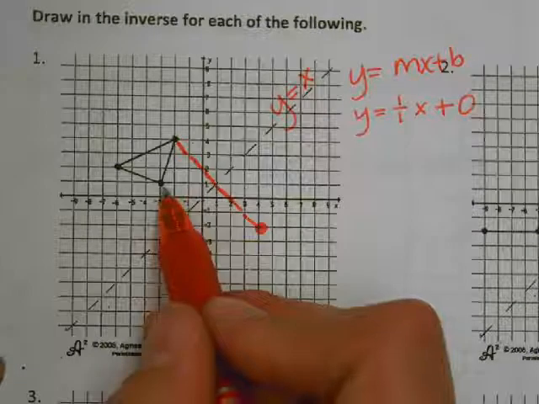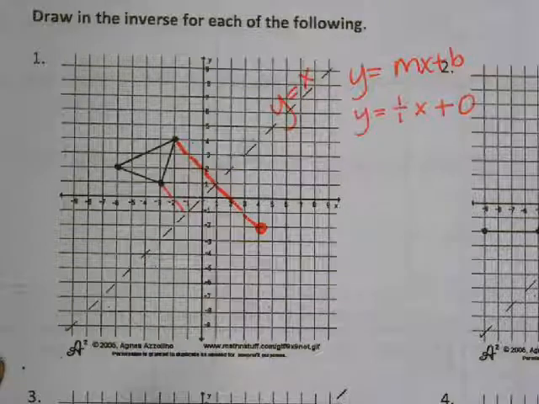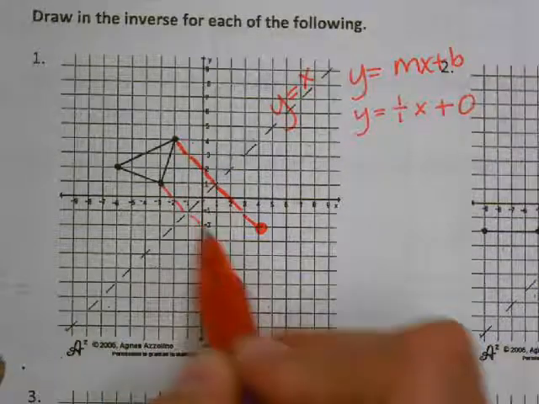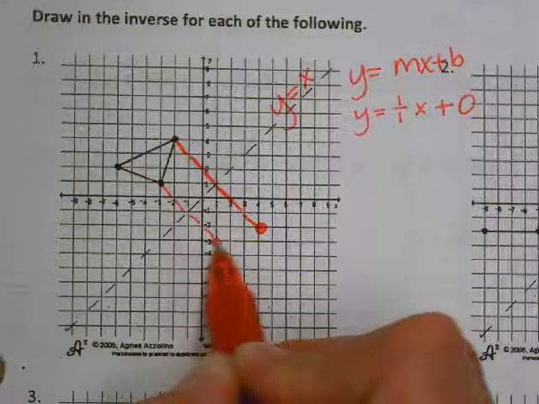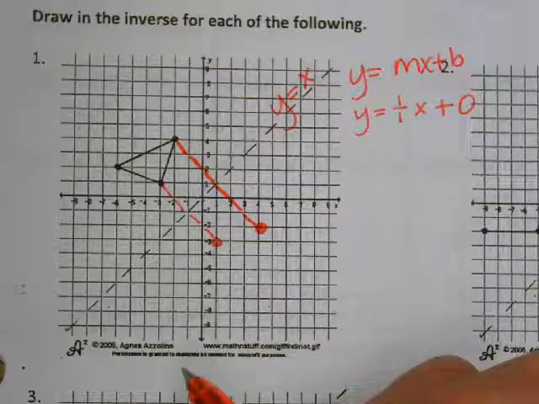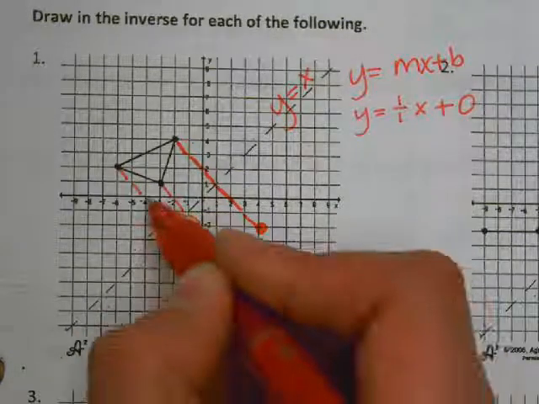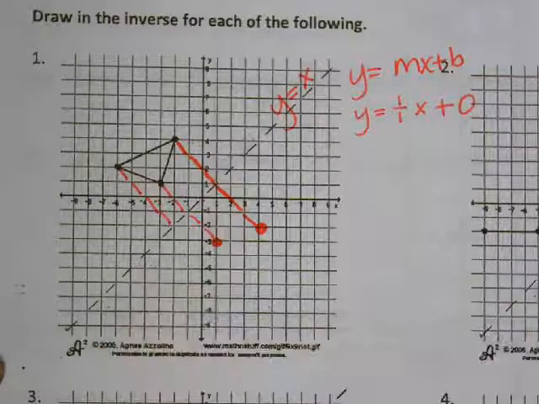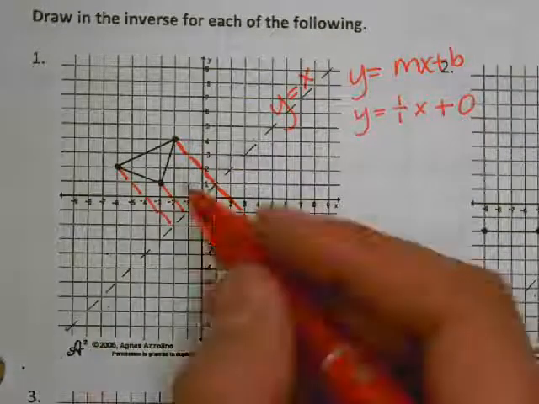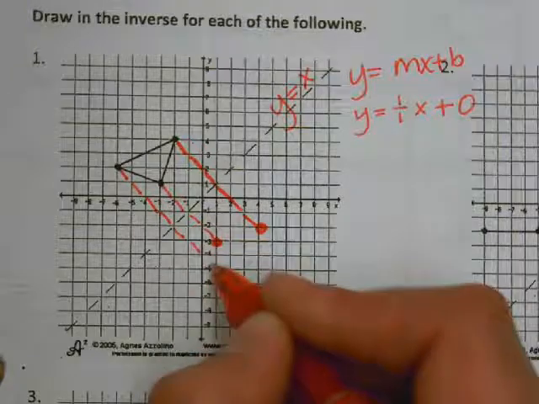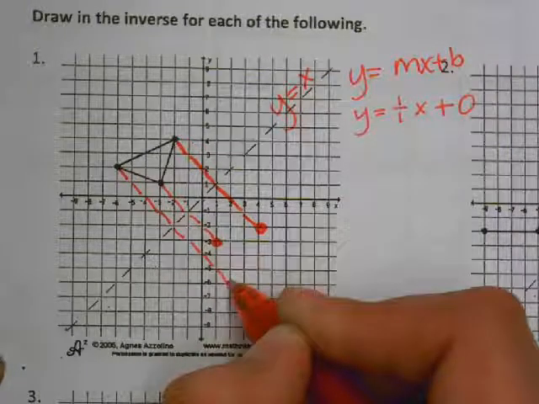For this one, I've got 1, 2 boxes, and so I'll count 1, 2 on the other side, and put my point. And then I've got 1, 2, 3, 4 boxes, and I'll count 1, 2, 3, 4 boxes and put my dot.